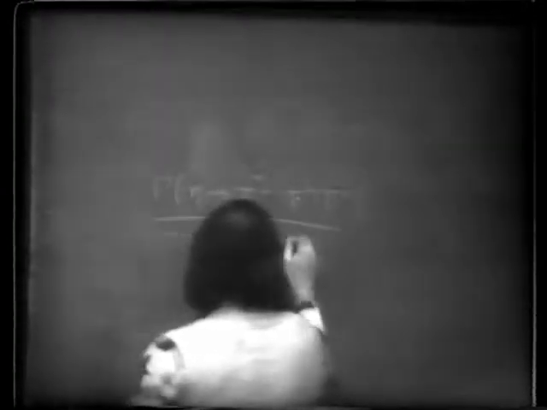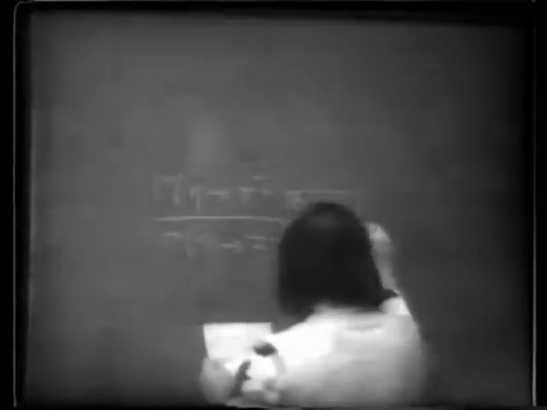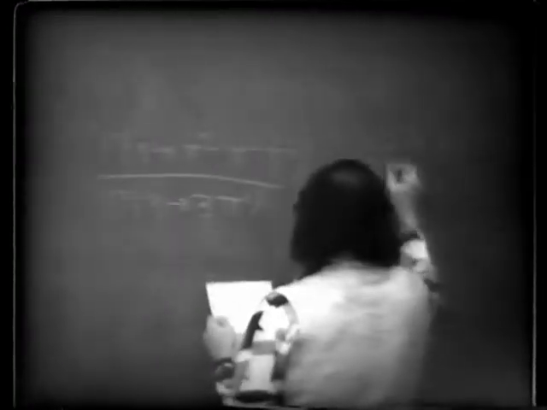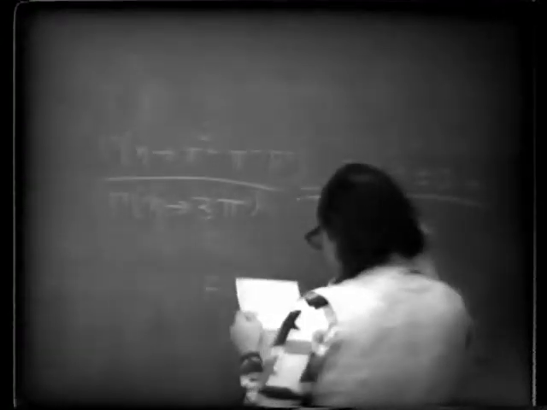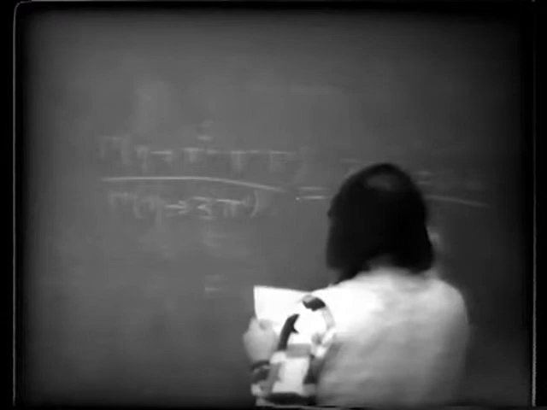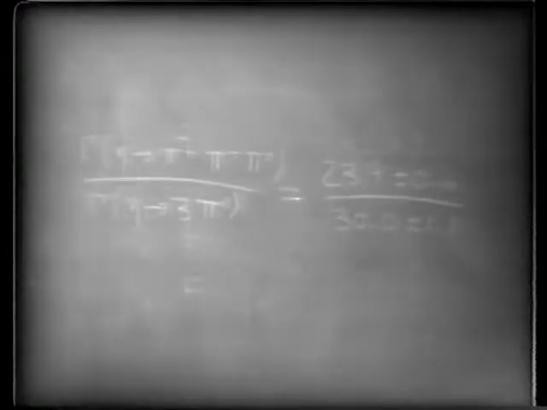Equals, according to my wallet card, 23.9 plus or minus 0.6 over 30.0 plus or minus 1.1, which is an agreement within the expected theoretical error caused by neglecting the pion mass differences.